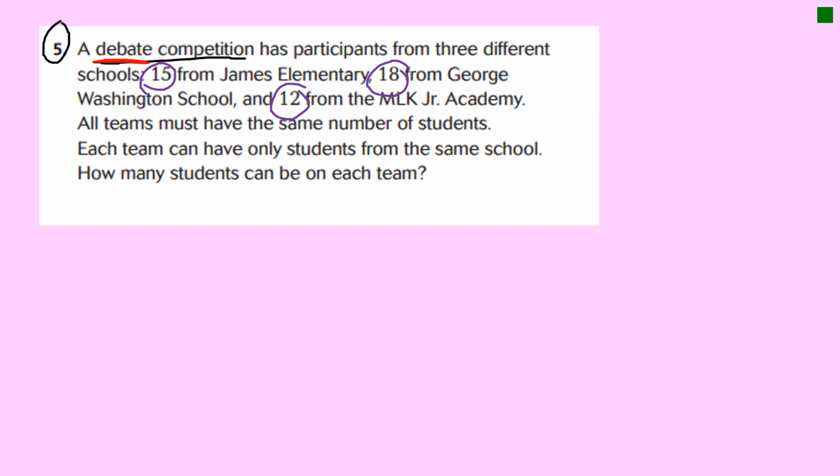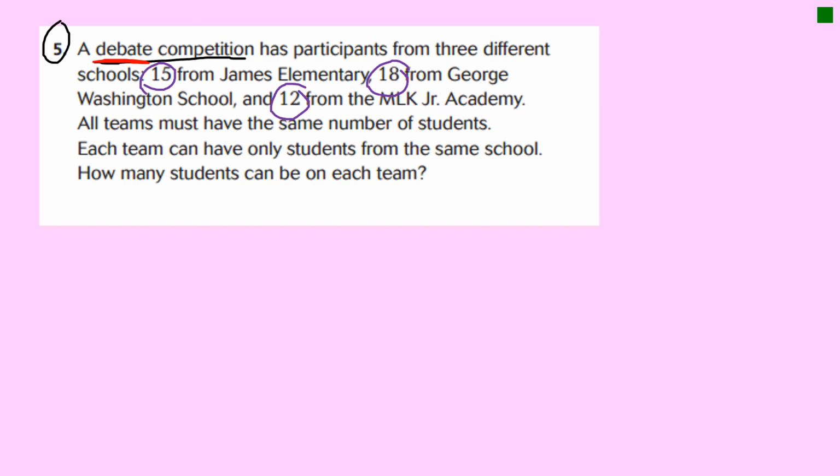So you have to think 15, 18, and 12. How can we separate the number of students onto teams that are the same size, and each team can have only students from the same school?